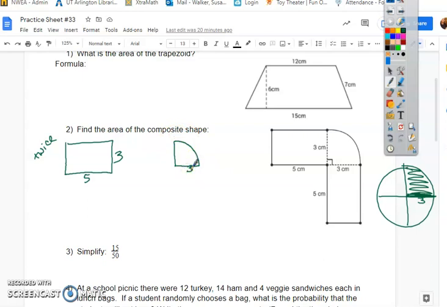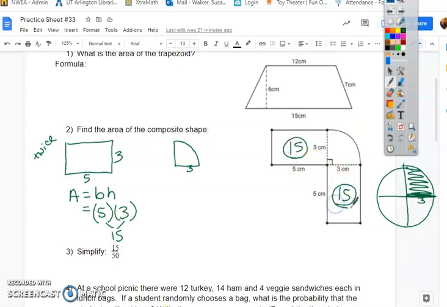Okay. So now we look at our formula chart. Your bright orange sheet should show a rectangle, and we use A equals BH. So base, height. Super easy. But I want you to remember that goes in each one of these, so there's 2 of these.